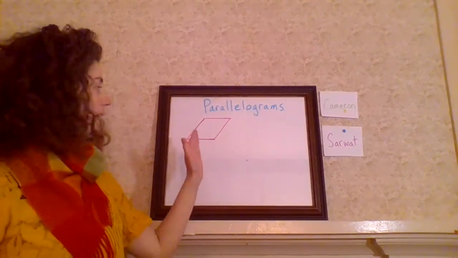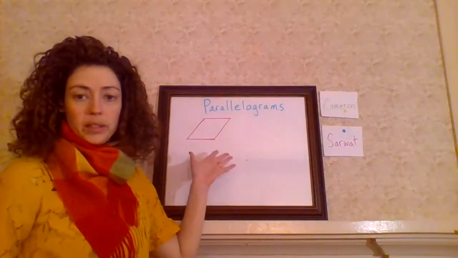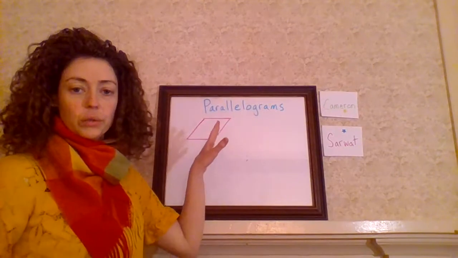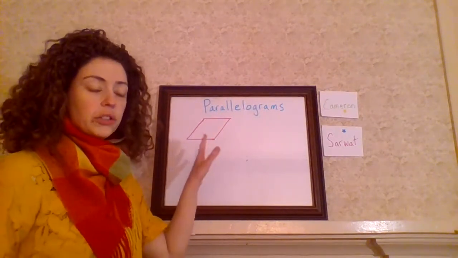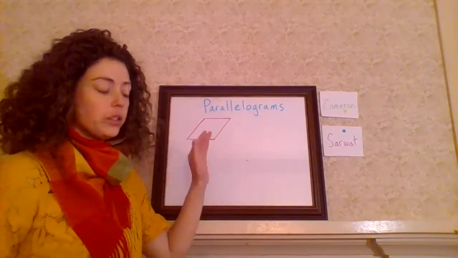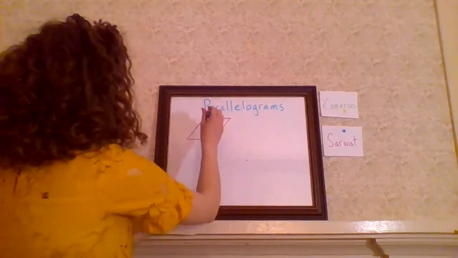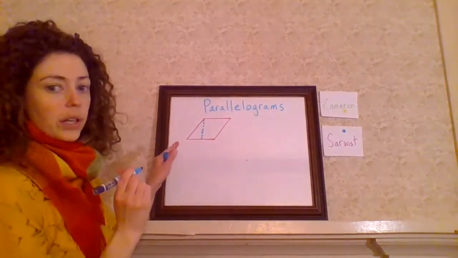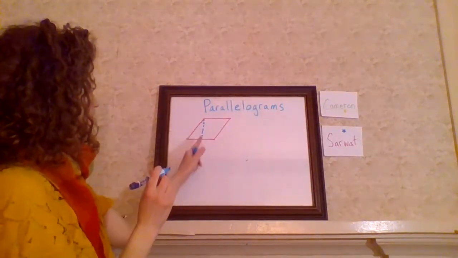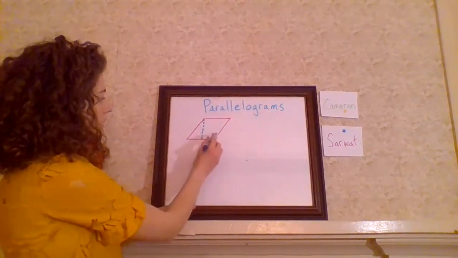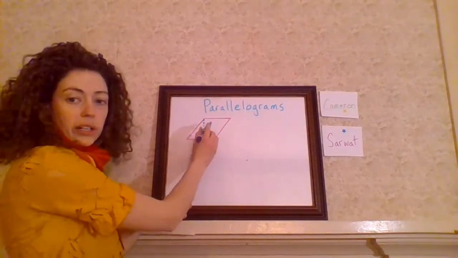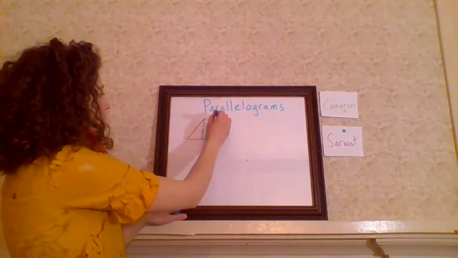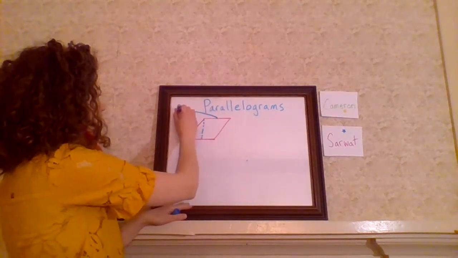If you want to make one on paper, you could try this yourself if you don't understand it or you want to just see for yourself. But let's put some dotted lines here and imagine that we are cutting this parallelogram. Okay, so we've created a triangle here and another shape here. Now we're going to take this part of the shape and move it over here.